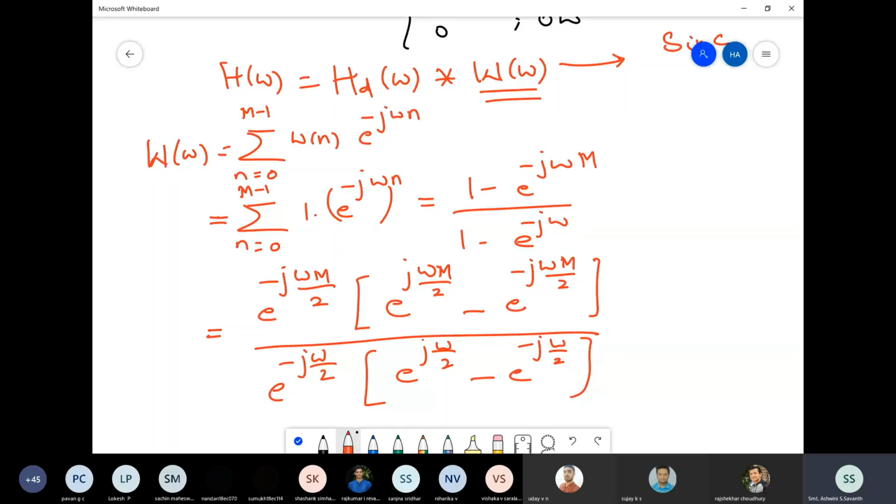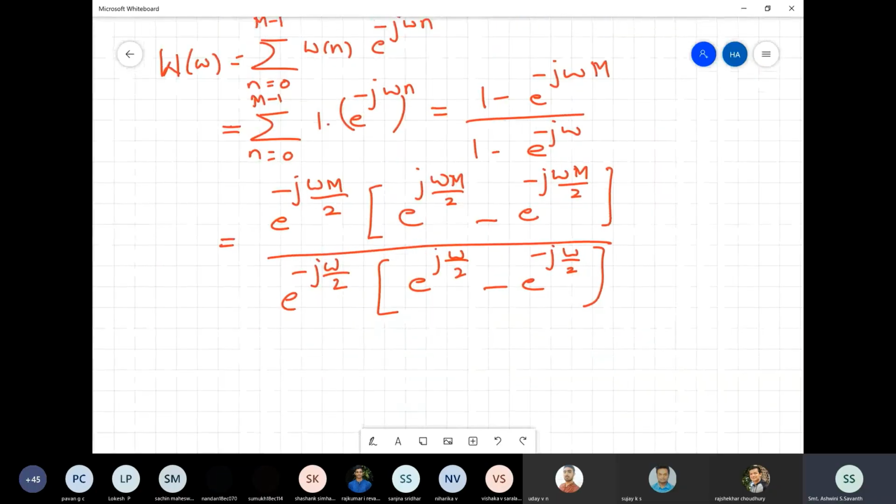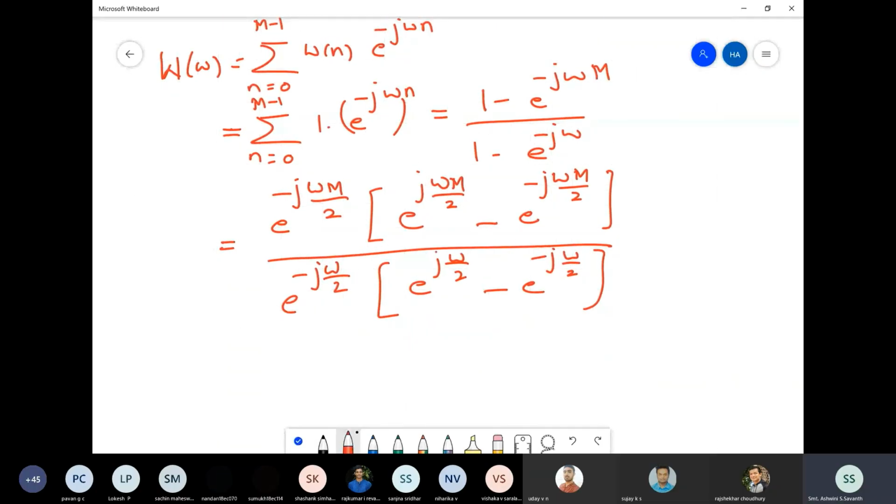Okay. So let's now combine the numerator and denominator exponentials. With that, it's e power minus j omega (M minus 1) by 2, correct? M minus 1 by 2, with the omega we've written as common outside. What is this? 2j sine omega M by 2.